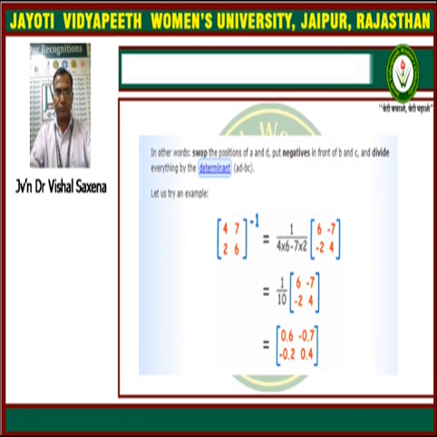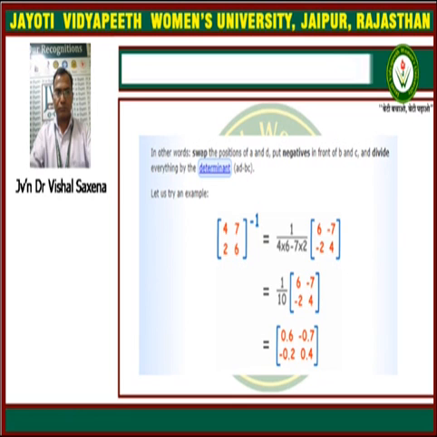So now we take an example. Our matrix 4, 7, 2, 6 is given, and we have to find its inverse. The inverse of the matrix is found in the same way. The positions of 4 and 6 are interchanged, and the positions of 7 and 2 remain the same, but a negative sign will come there, and the determinant of the matrix is in the divisor.